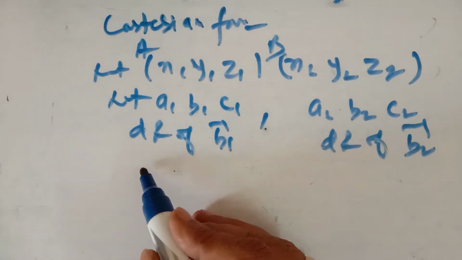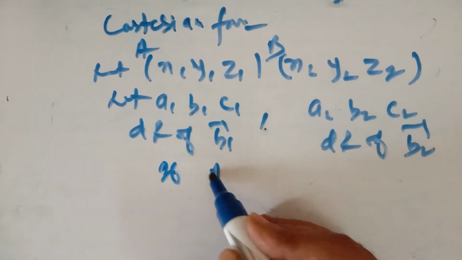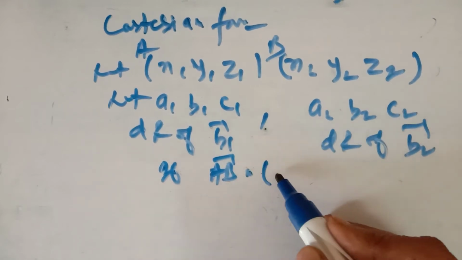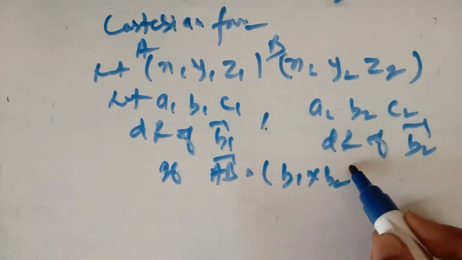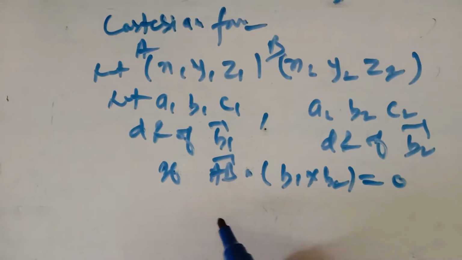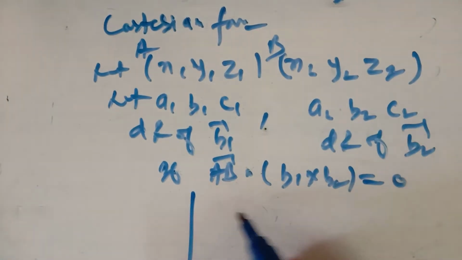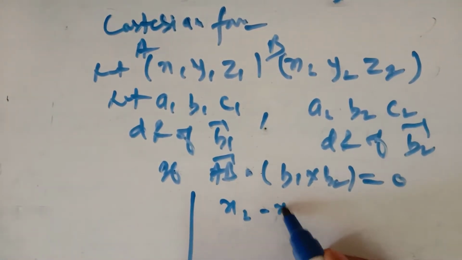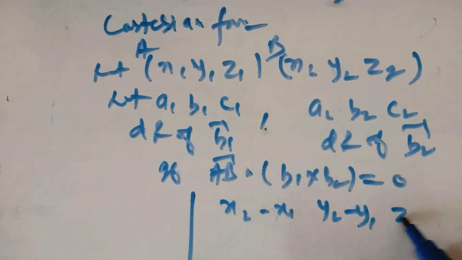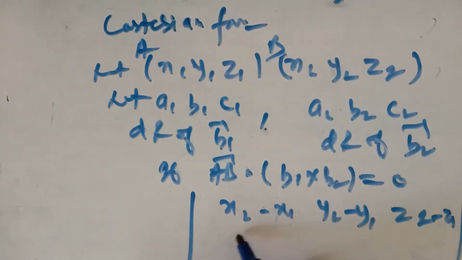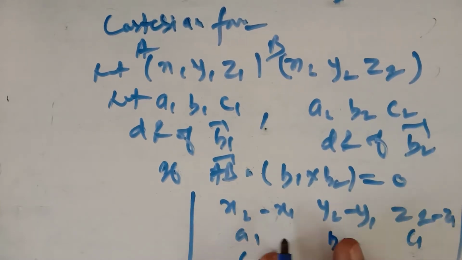Because they are coplanar if and only if vector AB is perpendicular to b1 cross b2, as we have already done in vector form, when we replace these values we get the determinant with rows x2 minus x1, y2 minus y1, z2 minus z1; a1, b1, c1; and a2, b2, c2 equal to 0.